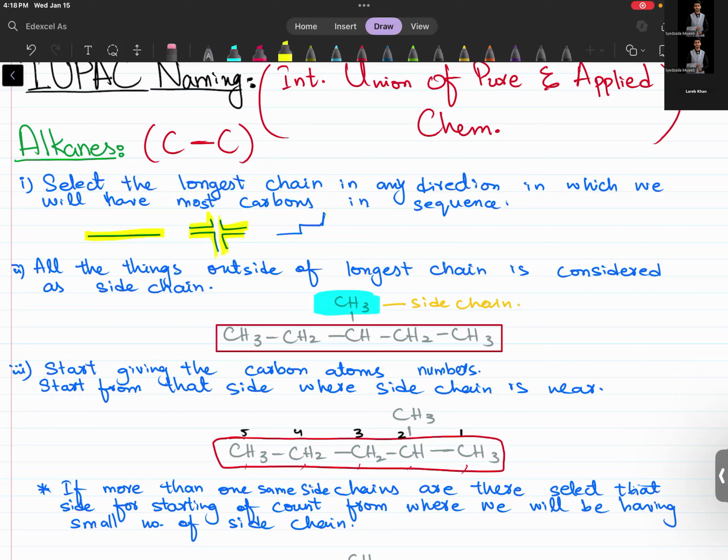But you have to consider that the longest chain must be the longest one. It must contain the maximum number of carbon atoms in a sequence. You're not allowed to go this way. You're not allowed to go this way. Got it?